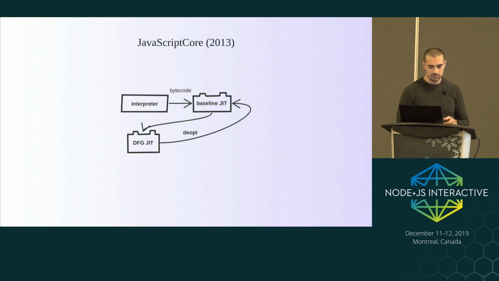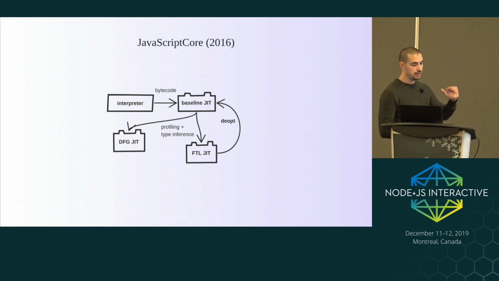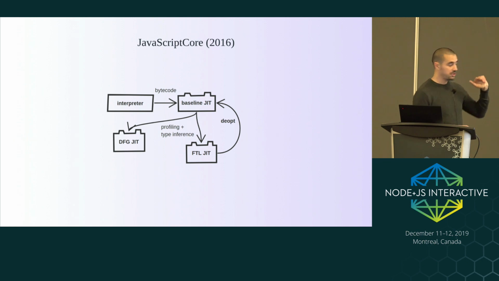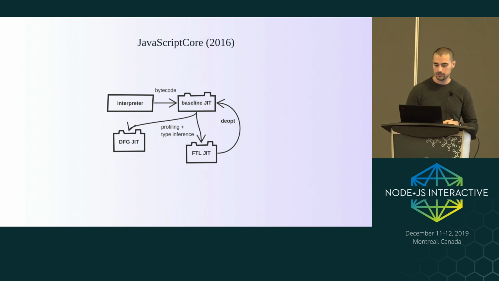They also have a simple just-in-time compiler and an interpreter, and they switched to having 3 compilers instead of 1 by 2016. FTL, called Faster Than Light, is the type inference and type specializing compiler, so all the best optimizations are targeted by that new compiler.